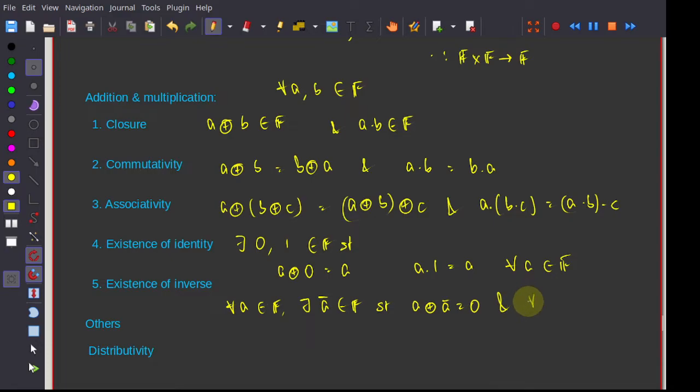And for all non-zero elements, there exists a multiplicative inverse such that a times a inverse should be equal to 1.